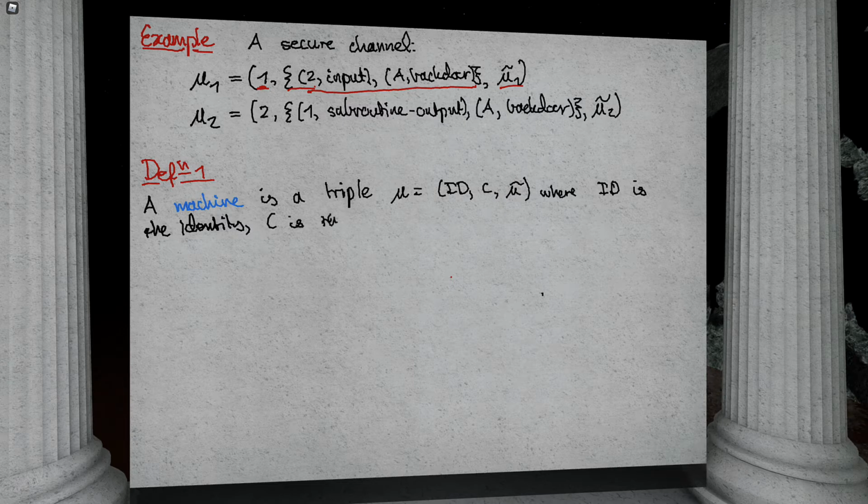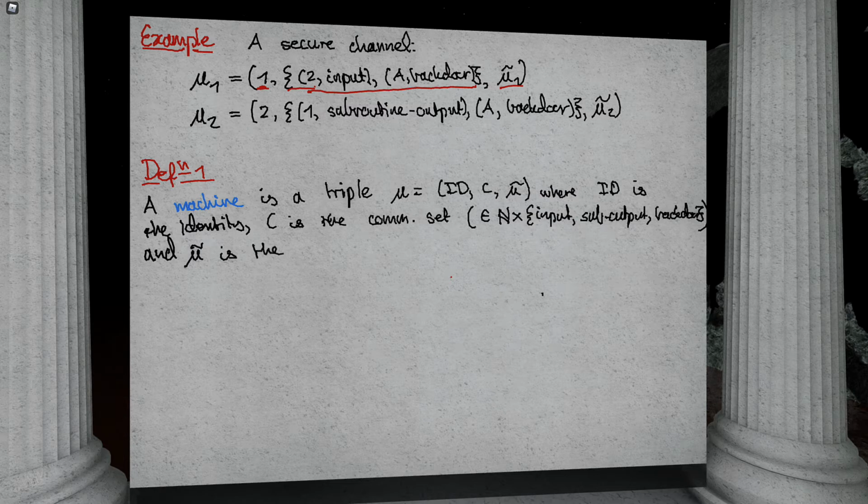C is the com set, which, if you like, is for each natural number, I have either input, subroutine output, or backdoor. It's an element of this, I should say, not equal to. And mu tilde is the program, which again, you could think of as a formal Turing machine.